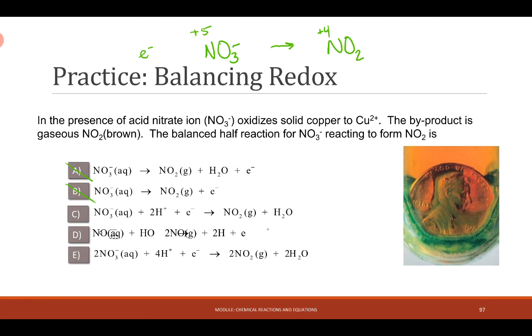And I don't think it's this one, although I can't really tell with the formatting what happened there. I can balance out my oxygens with a water, and then that's going to give me 2 hydrogens, and so I'm going to need to have 2 hydrogens on this side. And so that is matching option C.